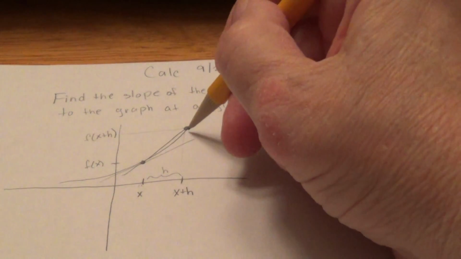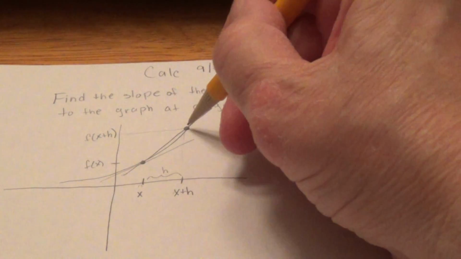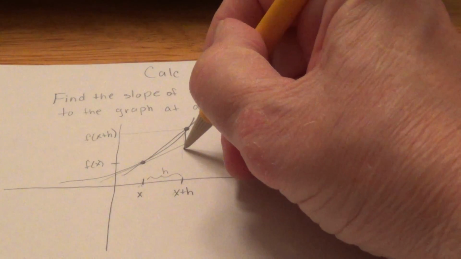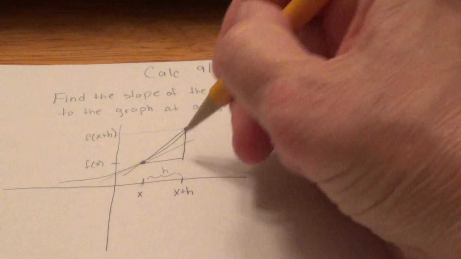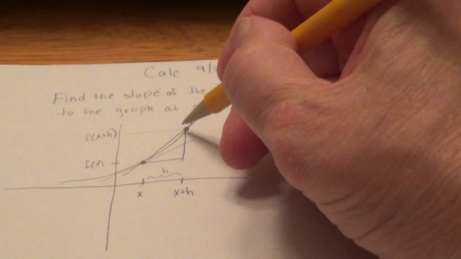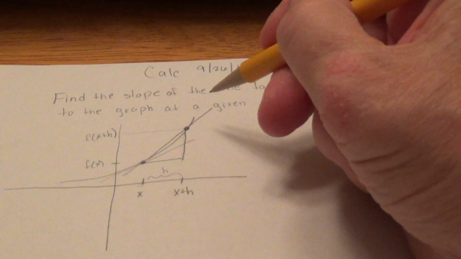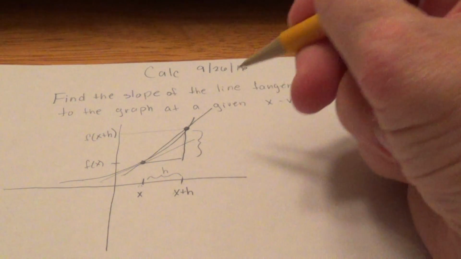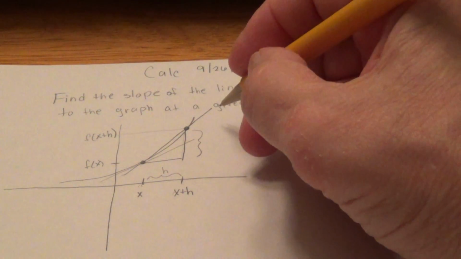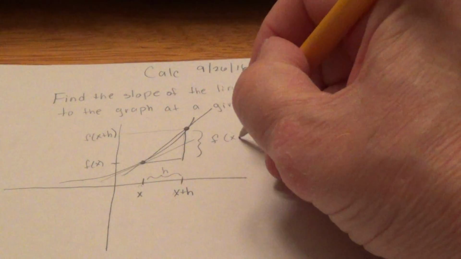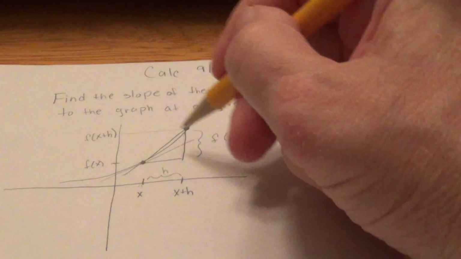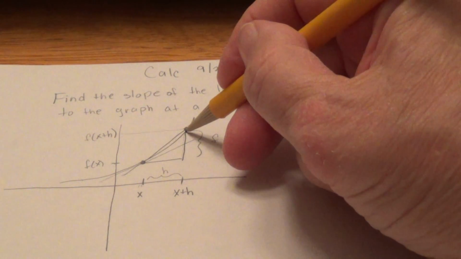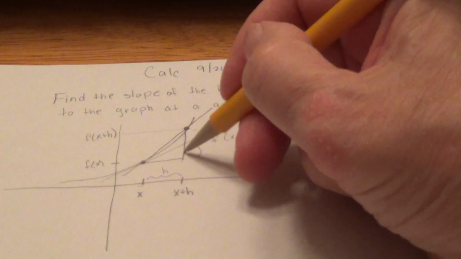Now if I'm finding the slope from these 2 points that are actually on the curve, I'm going to do a rise over run. This straight line that cuts through the curve in 2 points is called a secant. It is not a tangent. The rise part: from the x-axis to here is f of x plus h, but I'm only interested in this section.